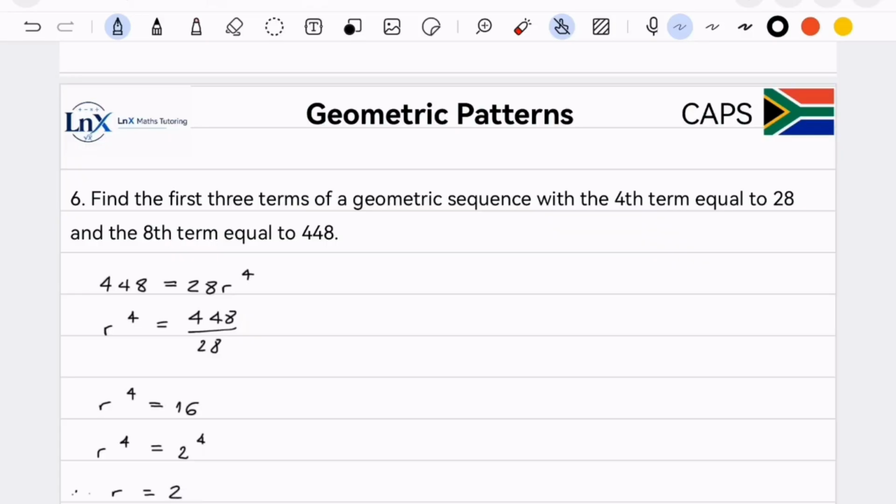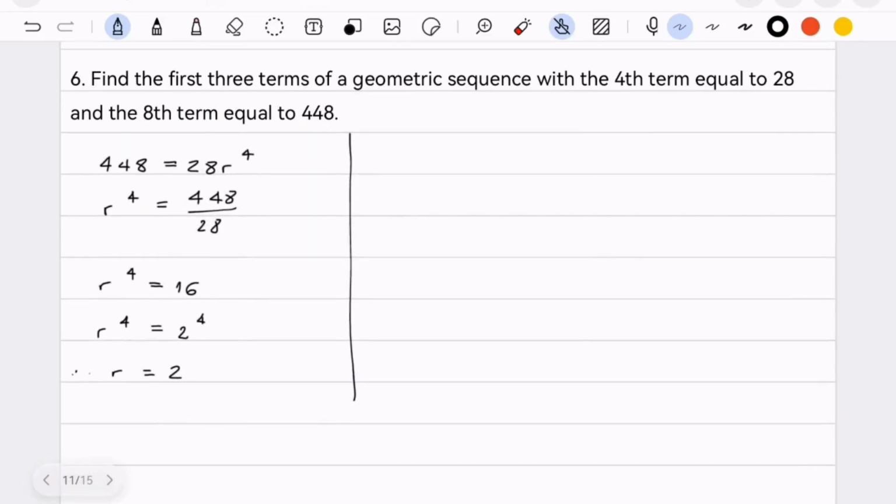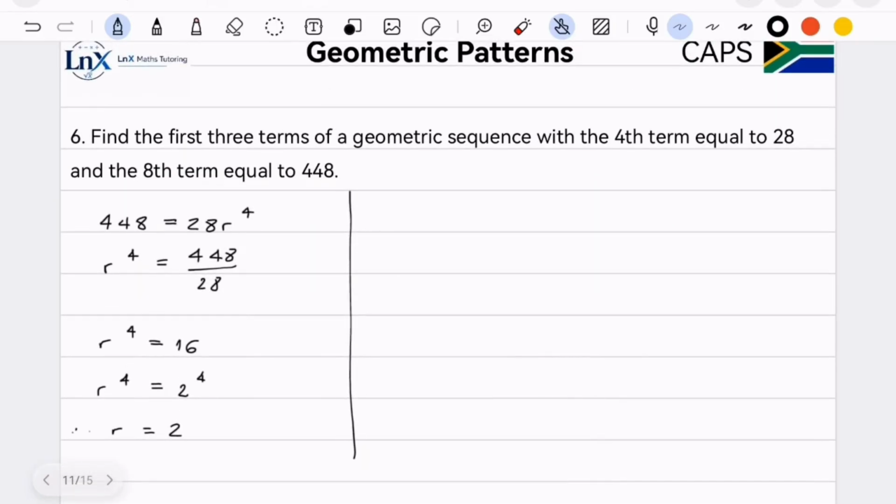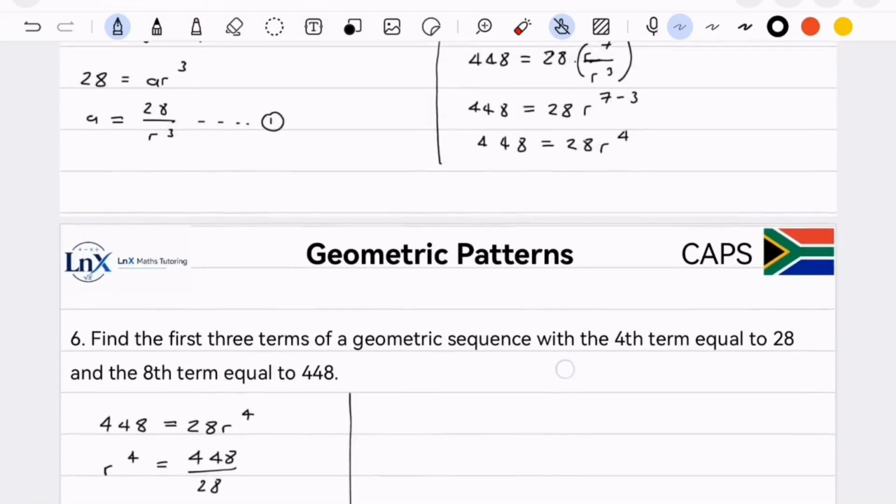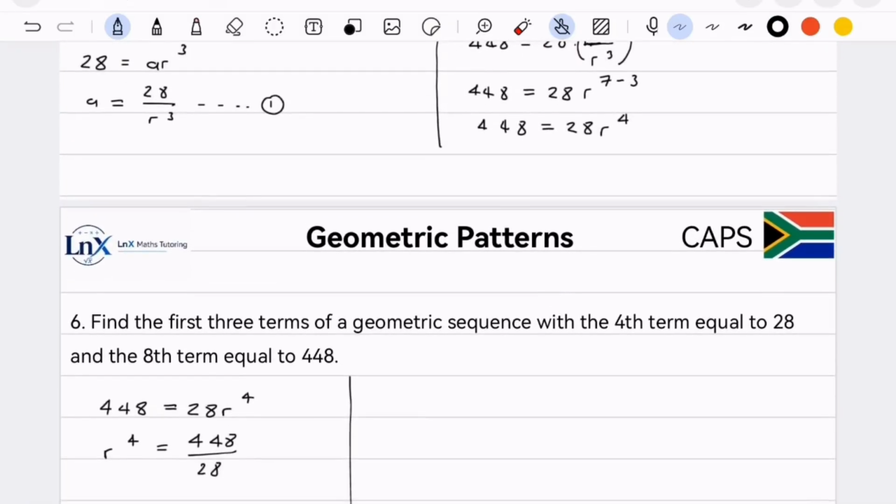And so now we know our R equals 2. Let's find our A. Previously we know that A equals 28 divided by R to the power of 3, right?